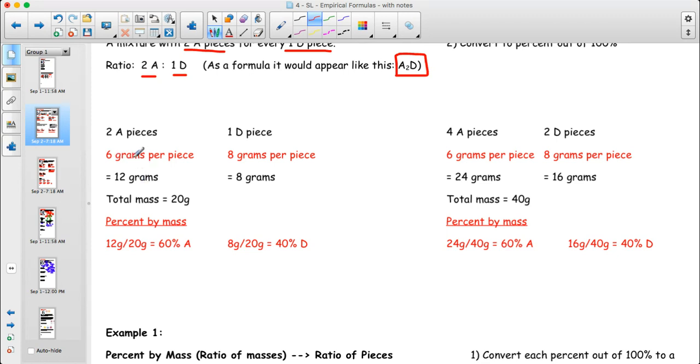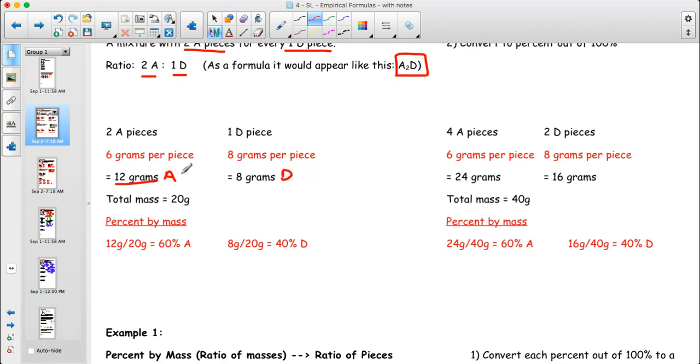We're going to keep that consistent just to give us a unit. So if we had two A pieces for every one D piece, and every A piece weighs about 6, then 2 times 6 would give us 12 grams that's from A. And if we had one D piece and every D weighed 8, then we'd have 8 grams that came from D.